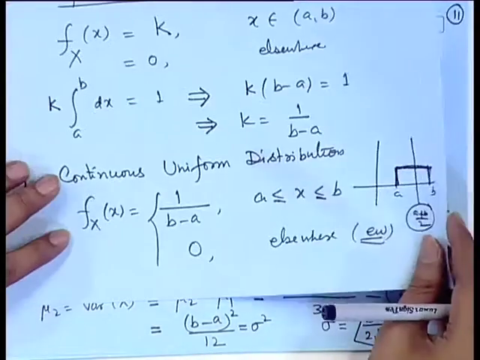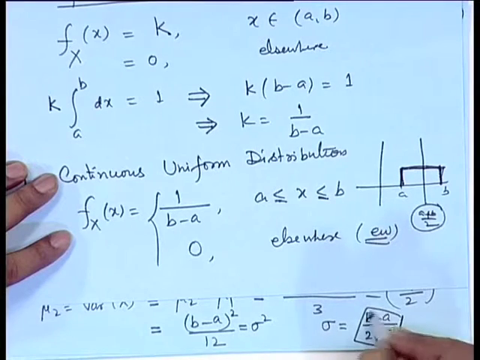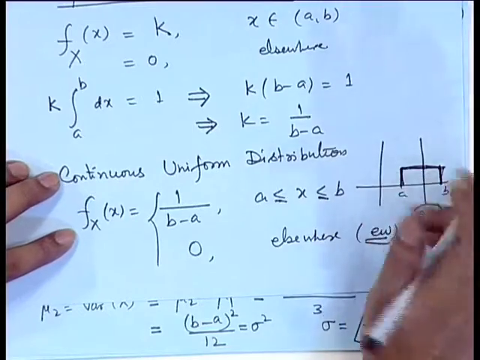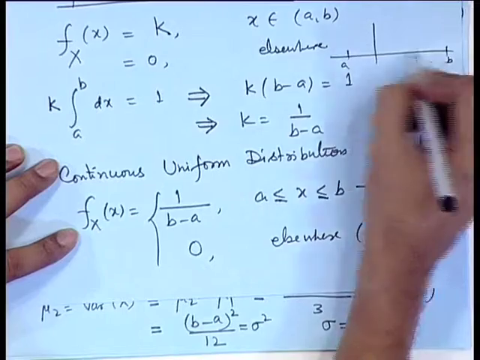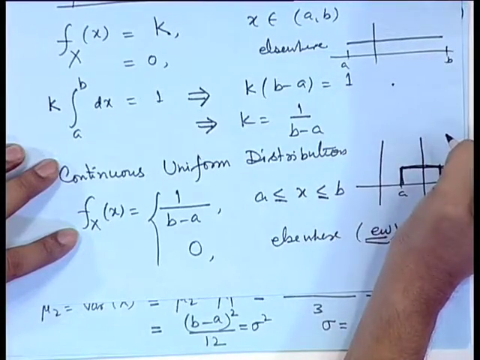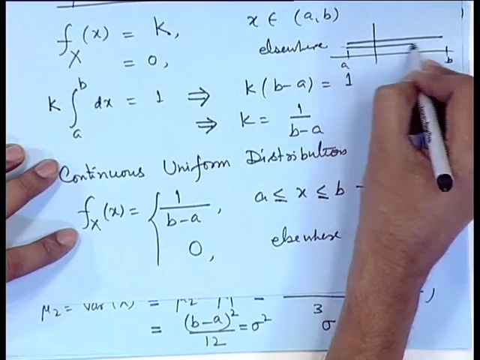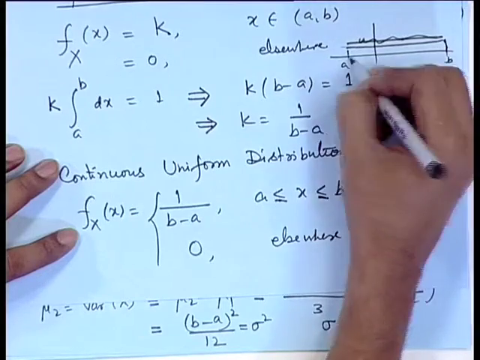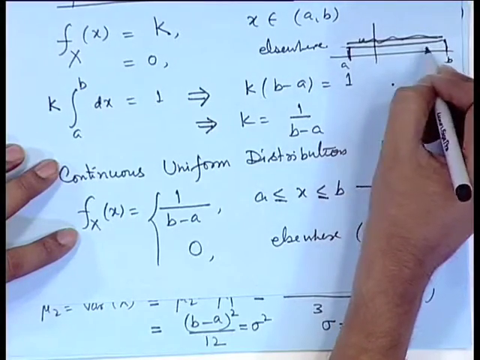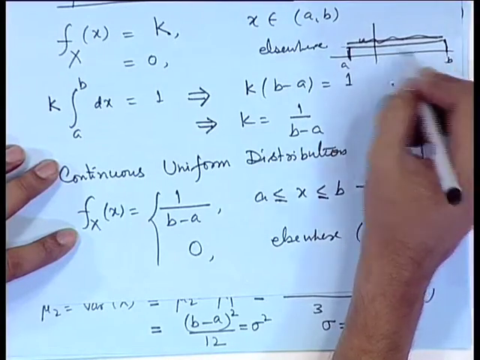However, if b and a are far apart, that means if b minus a is a large number, then the variability will be high. For example, you have too much flatness, say a to b, and the value of this is 1 by b minus a, so it will become much smaller here if you plot 1 by b minus a. So, that shows that the variability increases if the range of the distribution increases.